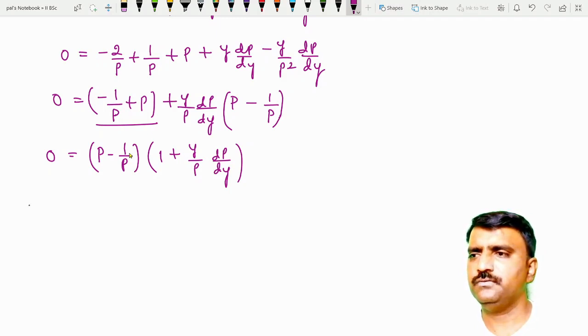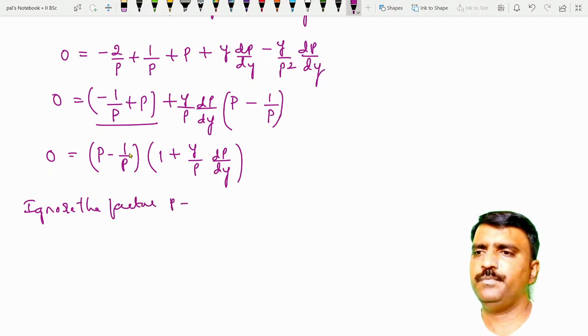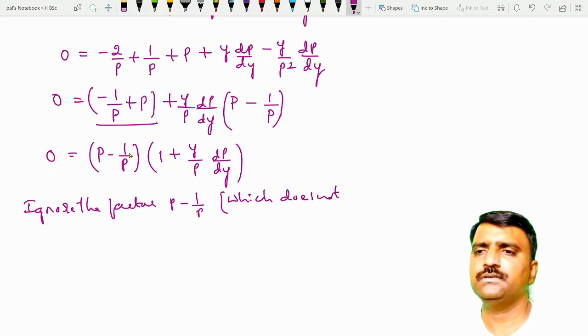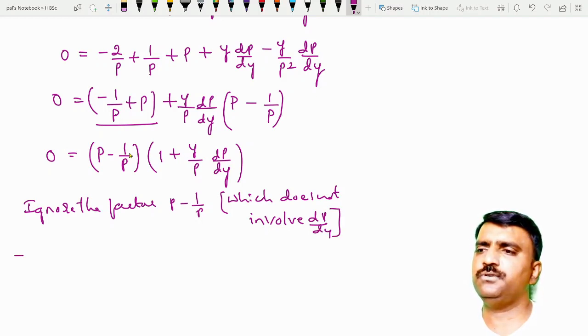Ignore the factor p minus 1 by p. If you want, you can give the reason: it does not involve dp by dy, so we can leave it out. Okay. So then you consider only this factor.